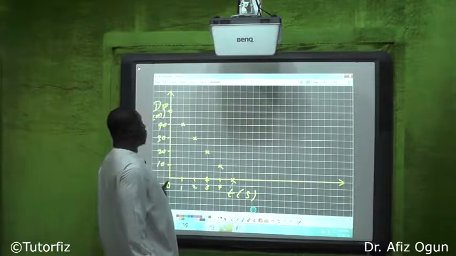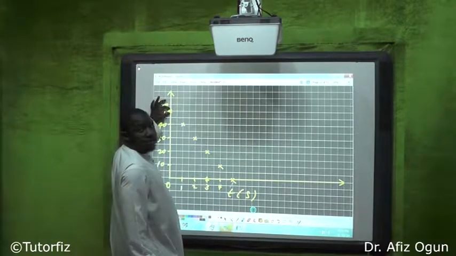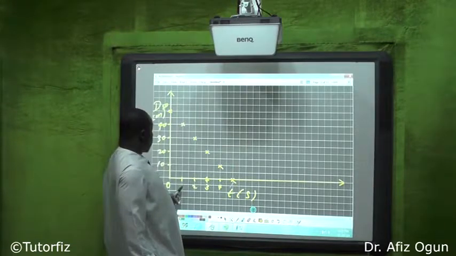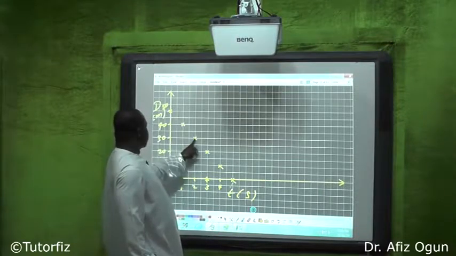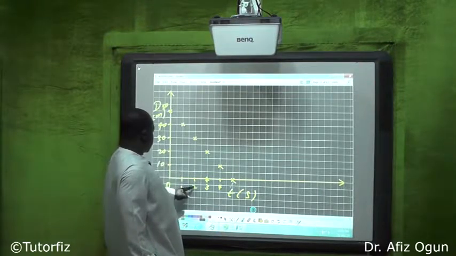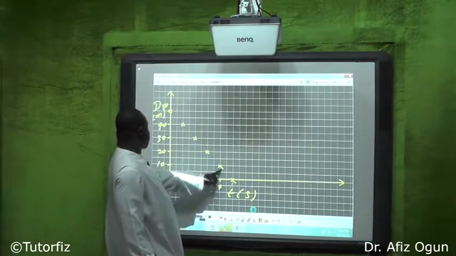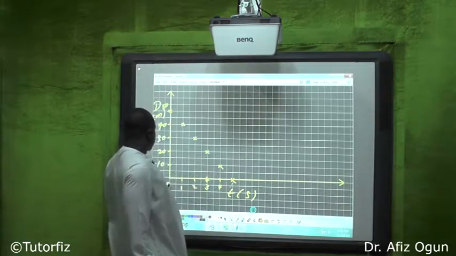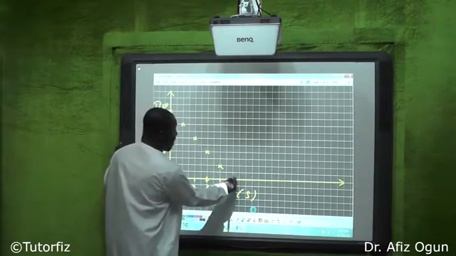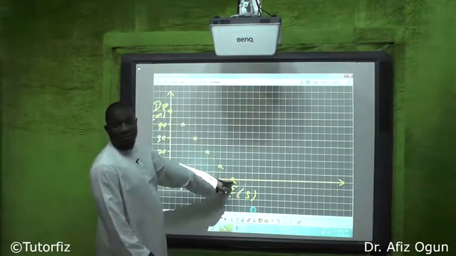At time t equals 0, when I'm about to start the journey, I was 50 meters away from your home. Time t equals 1 second, 40 meters away. 2 seconds, I'm 30 meters away. 3 seconds, 20 meters away. 4 seconds, 10 meters away from your home. And at 5 seconds, I am at your home, 0 meters away.